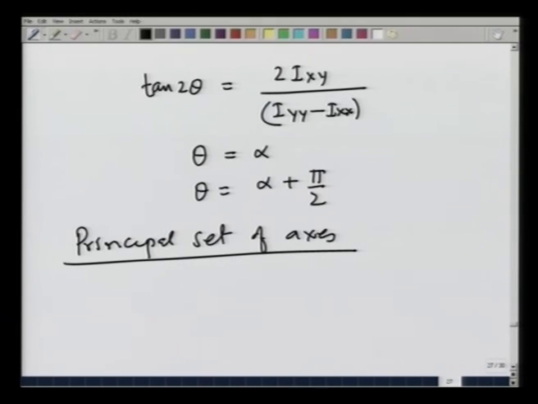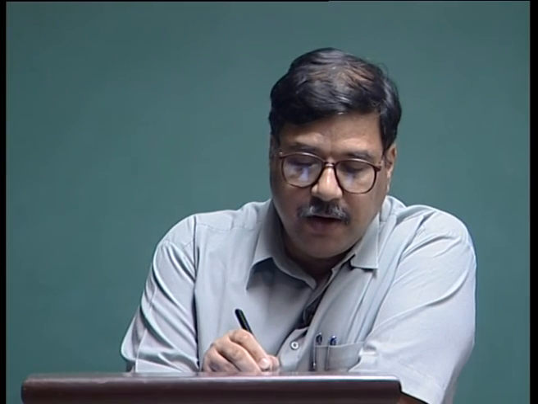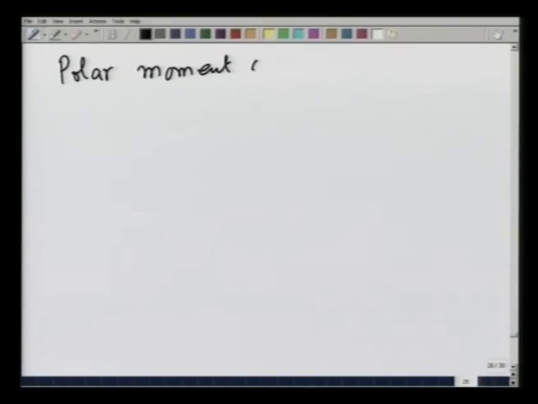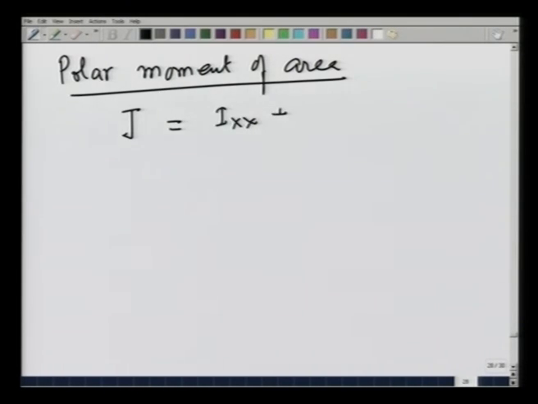Having made this point, let me now define something for you which is known as the polar moment of area. This is usually written as J, it is nothing but I x x plus I y y, and therefore is equal to the integral of x square plus y square dA, or r square dA.